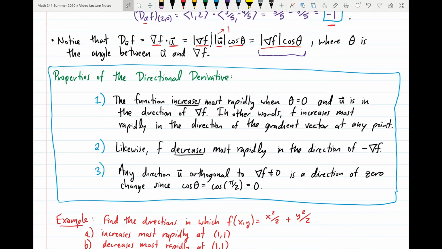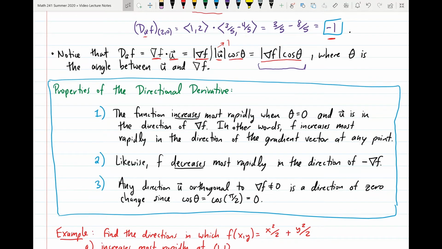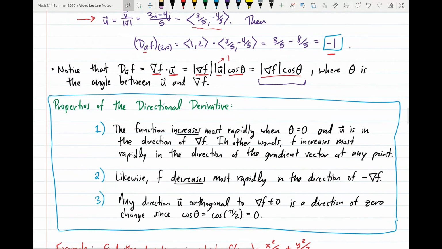Likewise, our second property here: f is going to decrease most rapidly in the opposite direction of the gradient of f, or in the direction of minus the gradient of f. And let's see if we can figure out why this is. Again, look up at the expression that I have underlined in purple. To find where f decreases most rapidly, we want to minimize this expression.